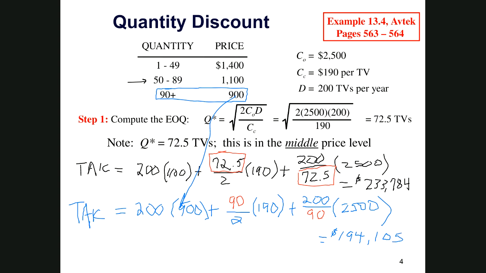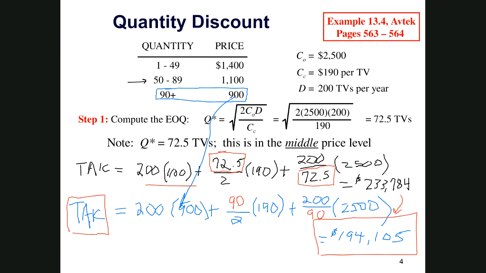So now we need to ask ourselves, given these two total annual inventory costs, which one is preferred? And hopefully you would see that indeed this total annual inventory cost for ordering 90 televisions at a time is almost $40,000 less than if we order at $1,100.